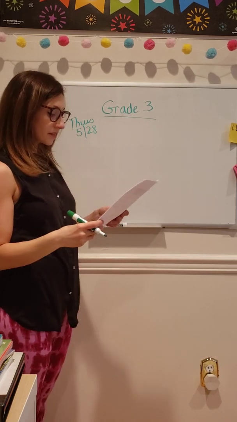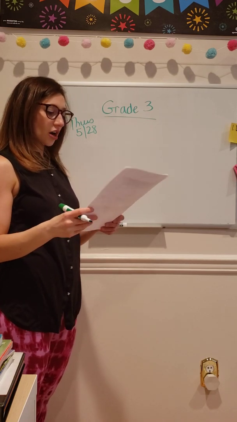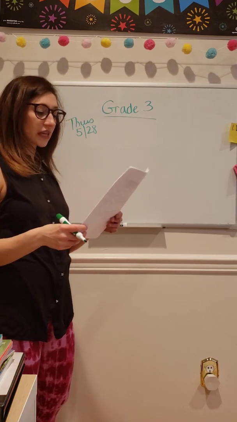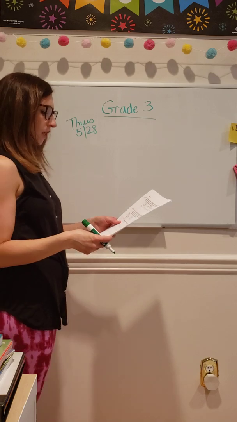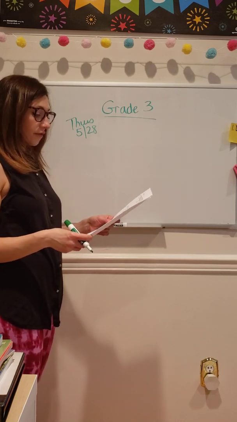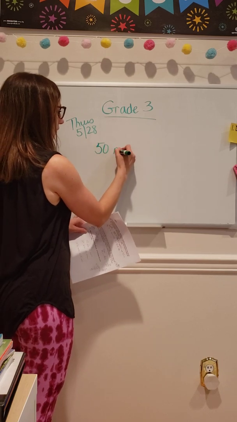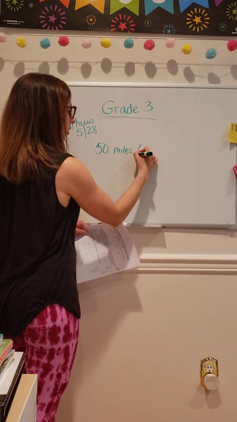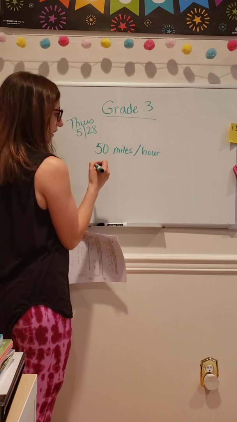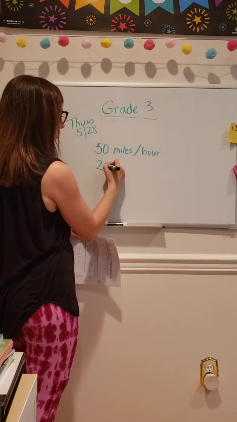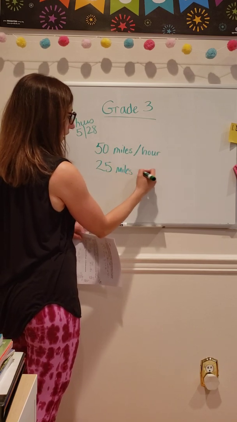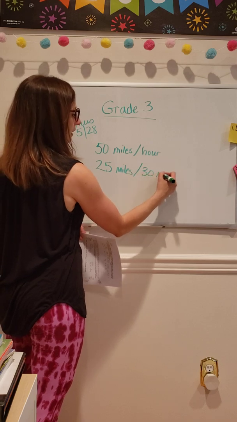The problem says, Mrs. Jones was driving her car 50 mph, which stands for miles per hour. In 15 minutes, she drove blank miles. So this is what we're going to do. If it's 50 miles per hour, I'm going to divide that in half. That means she went 25 miles in half an hour, or 30 minutes.